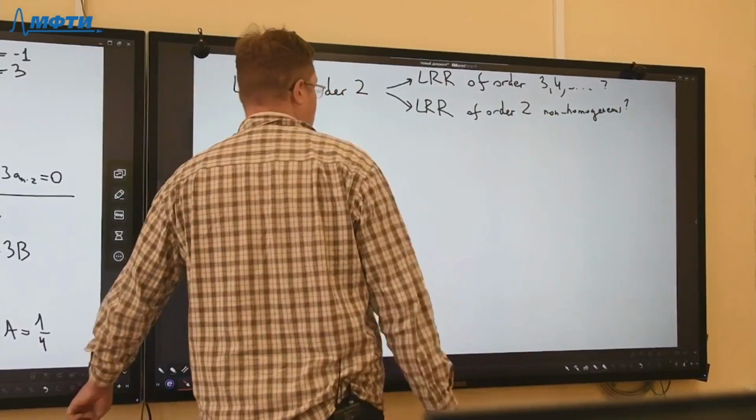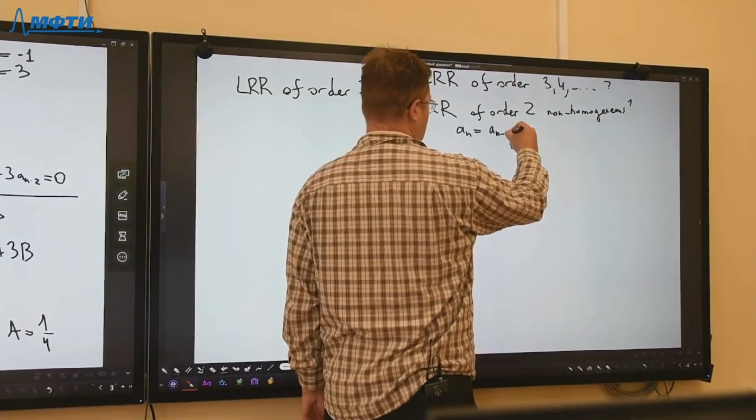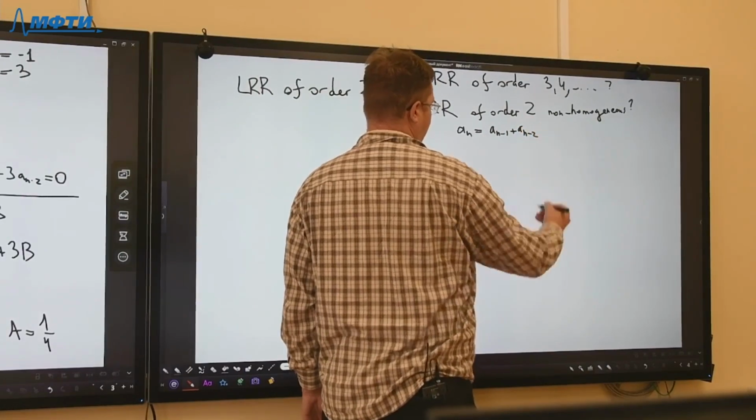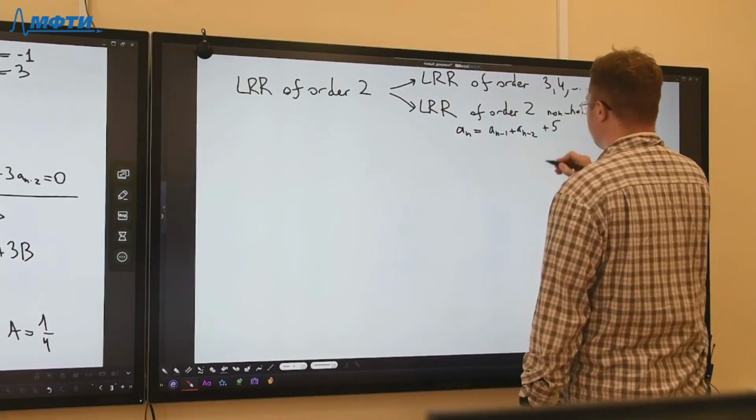This means, for example, that we have a Fibonacci relation, but with some constant. For example, we have constant 5 here.